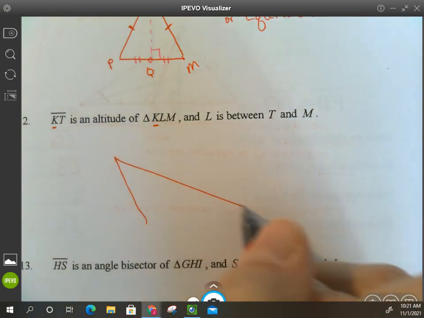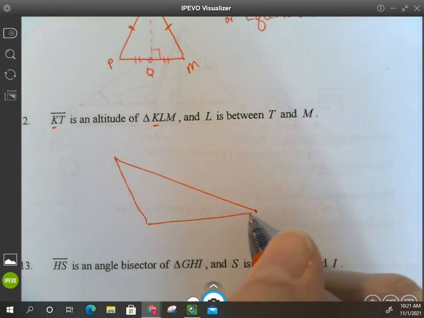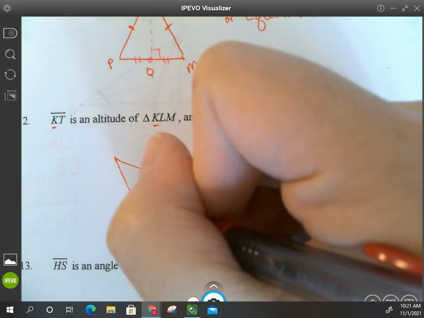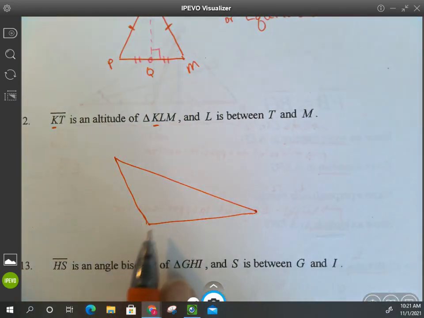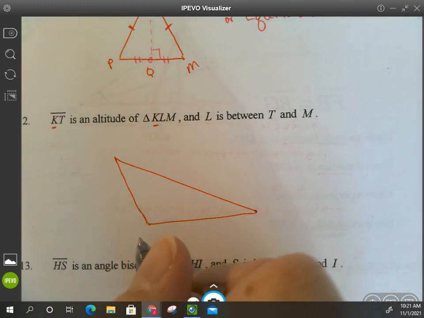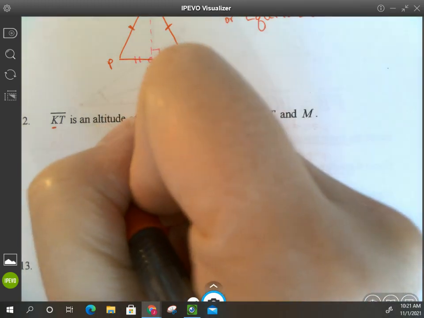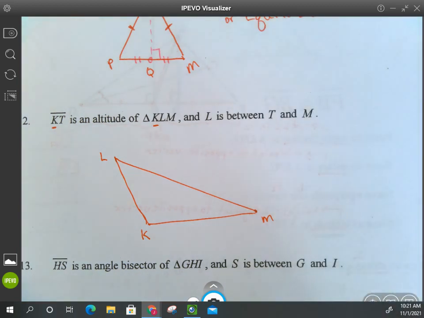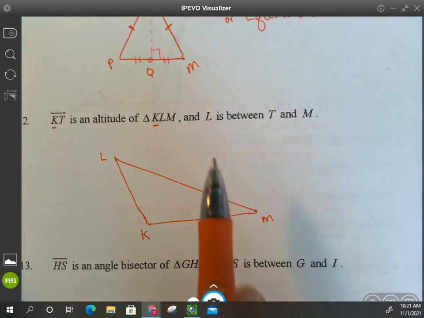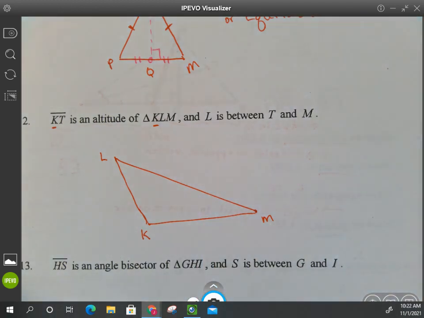So draw this triangle and make one angle obtuse, meaning greater than 90 degrees. So here's K, and I'll name this LM. Now, it says L is between T and M.